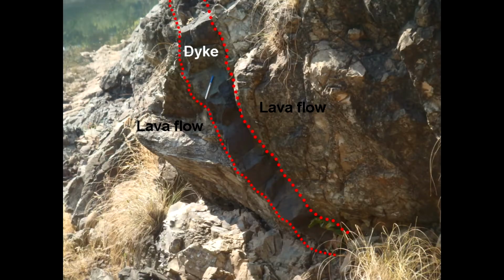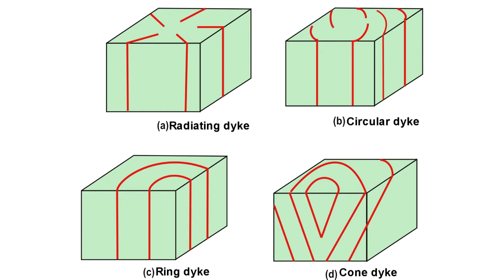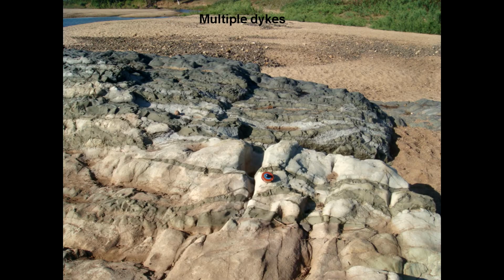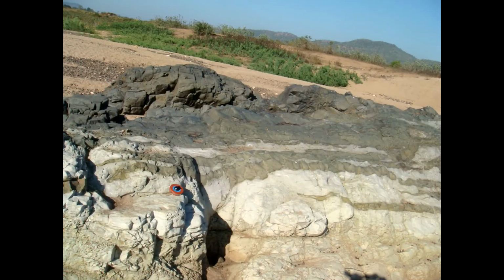There are other important morphological features in Deccan volcanic terrain. Sometimes you have a single dike, circular dikes, ring dikes, and multiple dikes. The entire country is traversed by several dikes. That is also one way of propagation of these basaltic magmas.